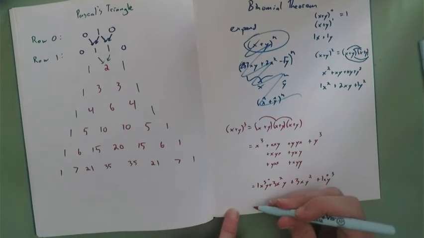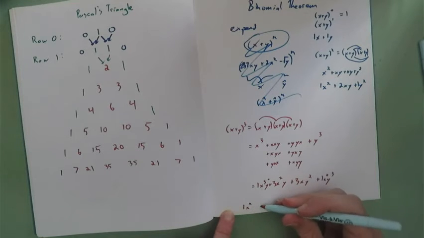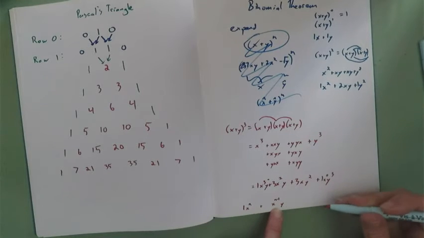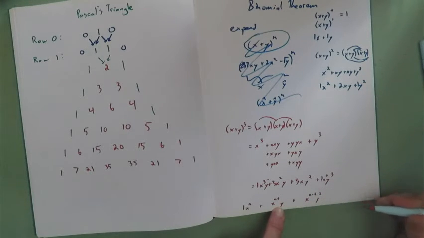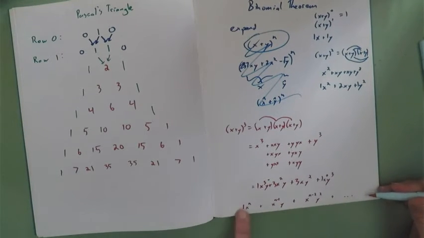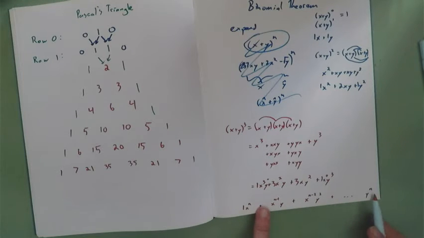So what we're going to end up having is 1 times x to the n plus some term times x to the n minus 1 times 1y plus some term times x to the n minus 2 times y squared, and so on all the way down till we've got 1 again of y to the power of n. So we're just counting the exponent down by 1 in one direction and up by 1 for the other term in the other direction.